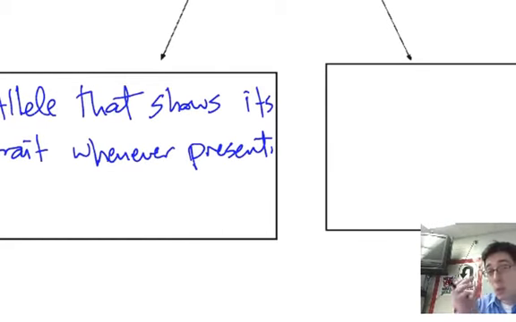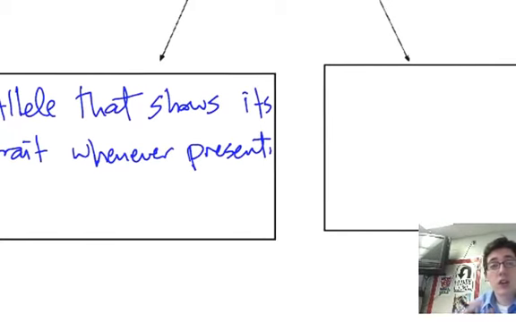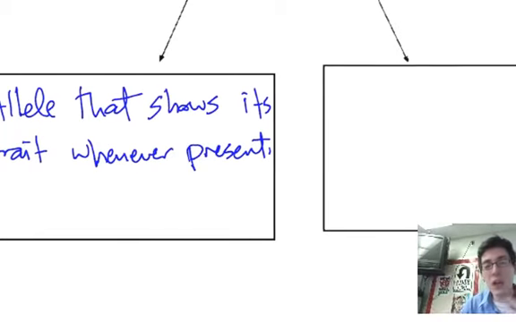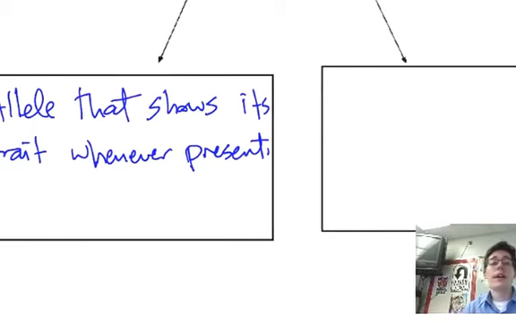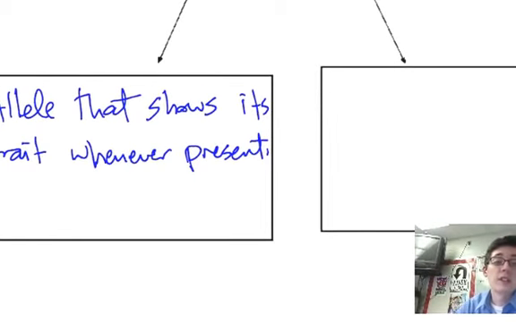So if I even have one allele, okay, I only need one. If I have one allele in that dark hair gene, I'm going to have dark hair. So my hair is very dark. That means I've got that dominant trait. People that have naturally blonde hair, that is a recessive trait. It does not show up.